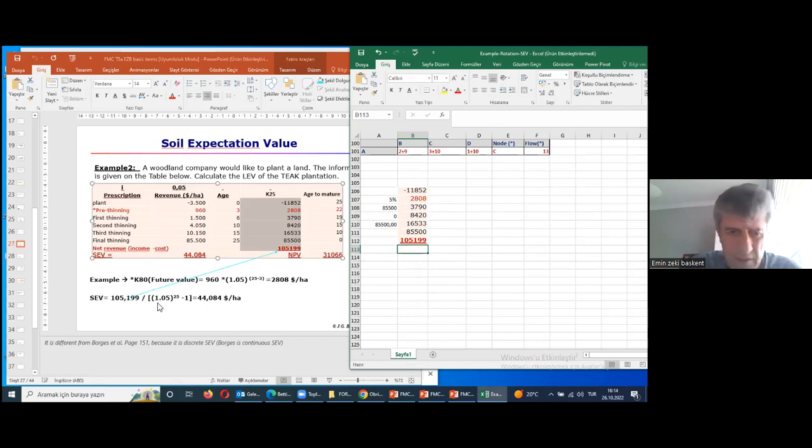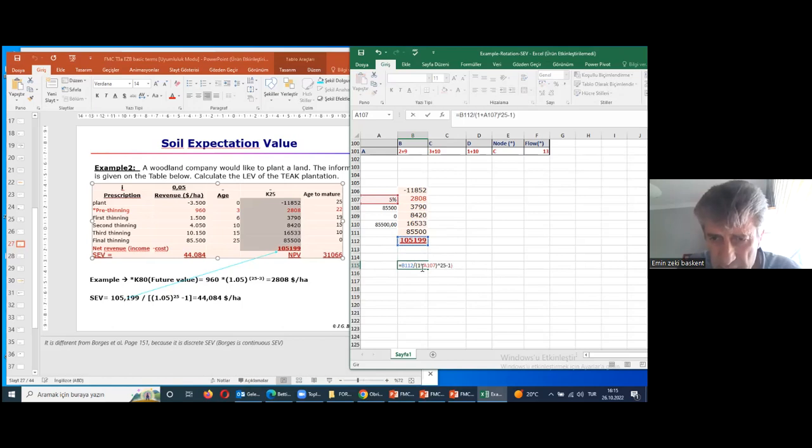Then we have to just find out the soil expectation value. The soil expectation value is calculated, as you remember, as the total future net value, that means the revenue minus cost, divided by 1 plus interest rate to the power of the rotation period, 25, minus 1.